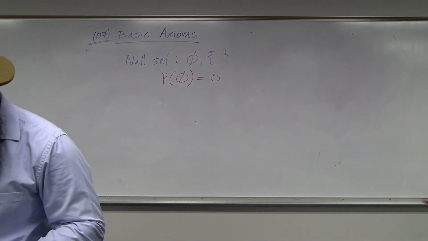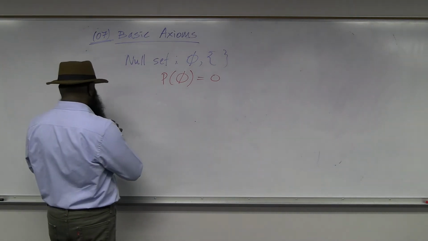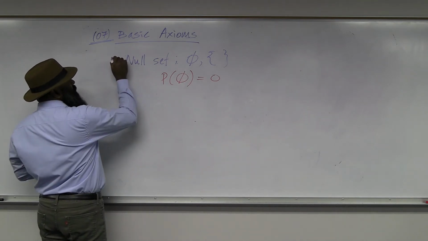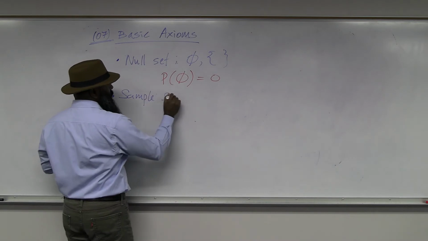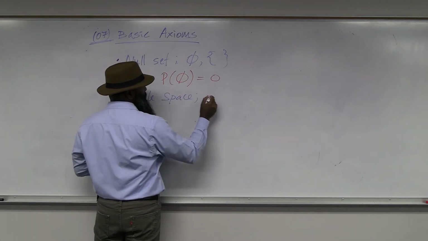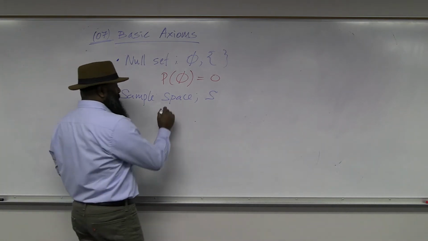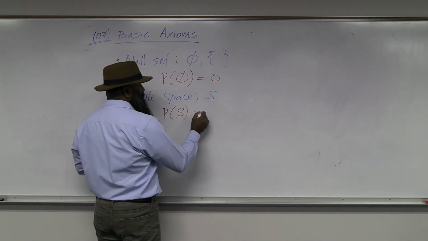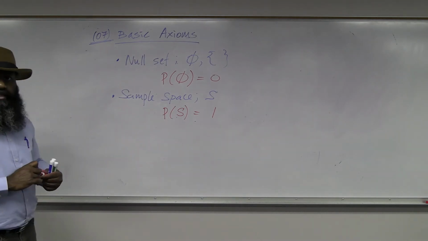And then the second basic axiom is about the probability of sample space. We know the sample space has the symbol S, and the probability of the sample space is always equal to 1. That's the second basic axiom.